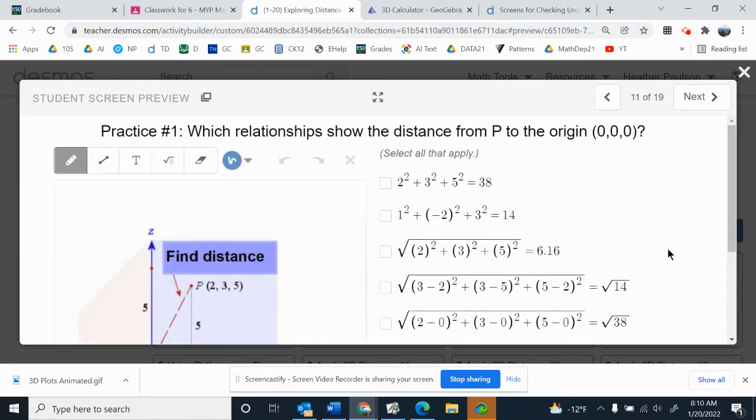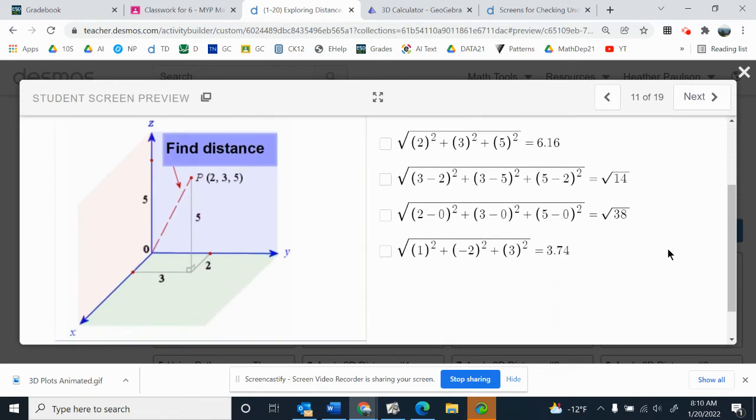Now in this first practice, think about which relationships show this distance. Here we have 2, 3, and 5 as the coordinates of P, and that is 2 spaces on the x-axis, 3 spaces on the y-axis, and then 5 spaces up on the z-axis.